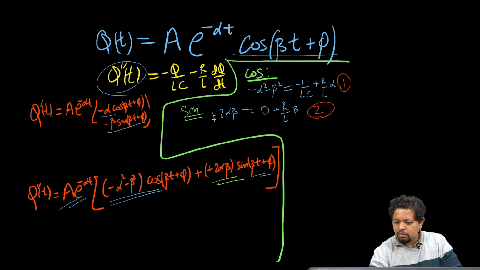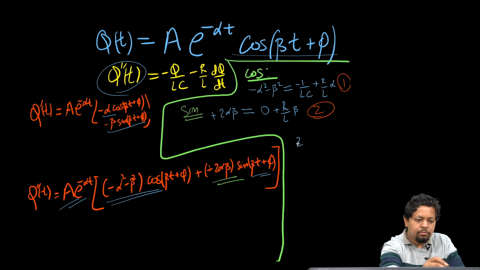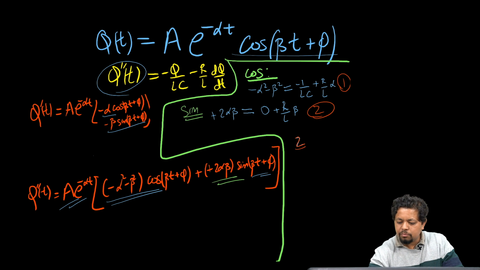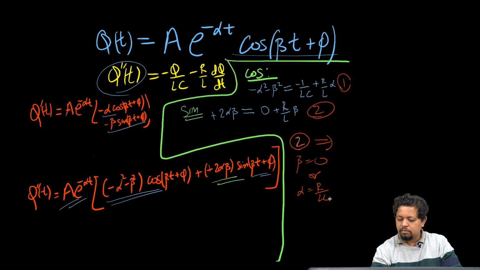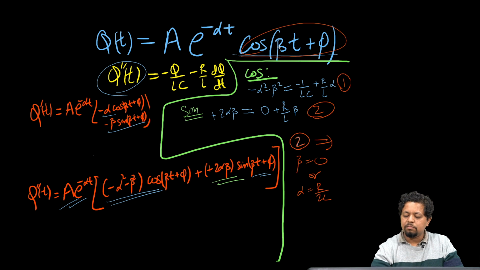So from equation 2 we get 2 solutions, either beta is 0 or alpha is r by 2L. Now beta equal to 0 means that this term becomes simply a constant cosine of phi, which can be absorbed inside A. Therefore this term is meaningless, and the solution is only e to the power minus alpha t, which simply means that it's an exponentially decaying solution.